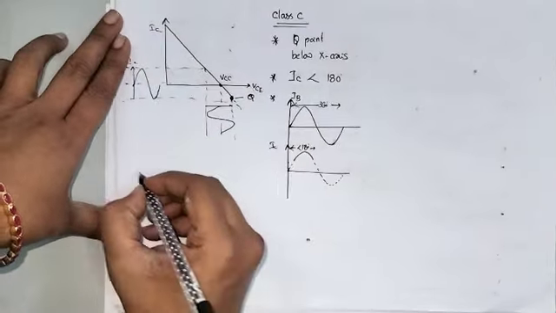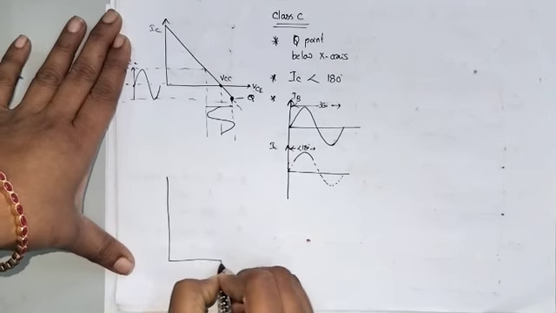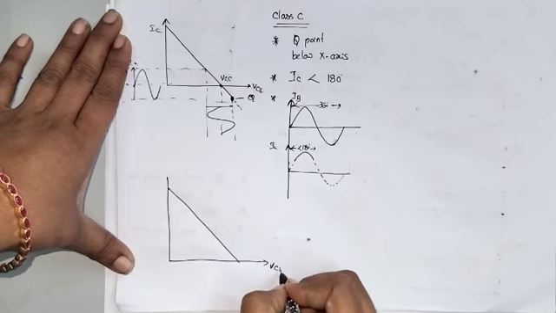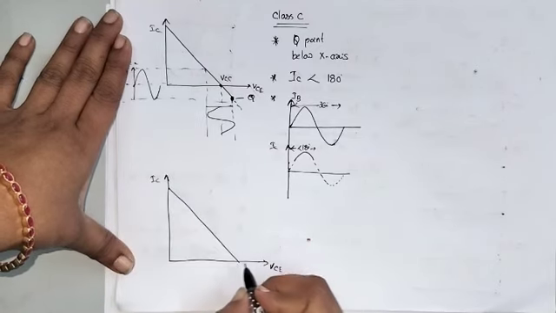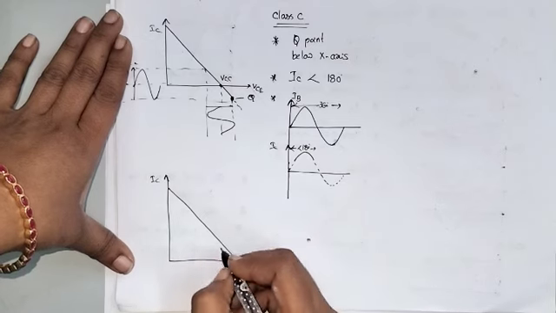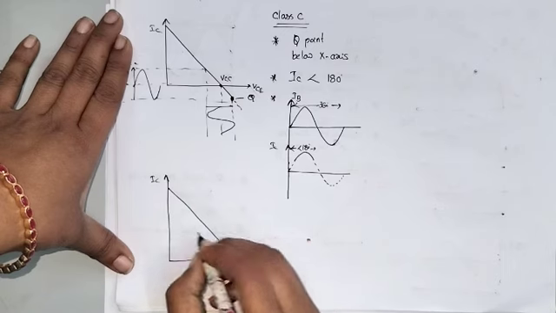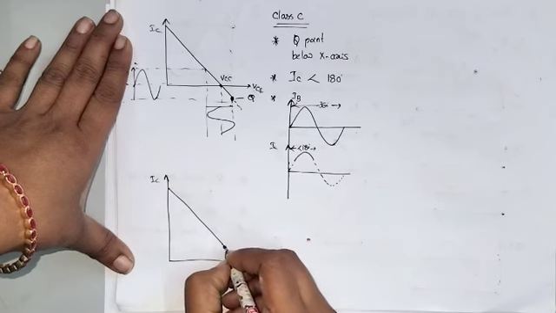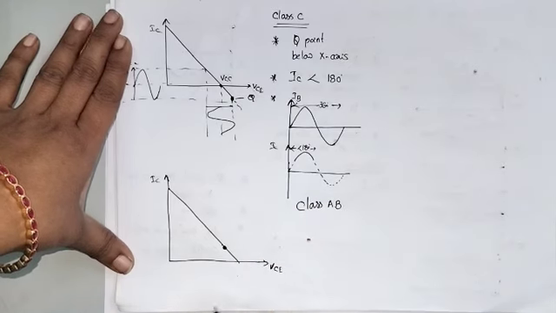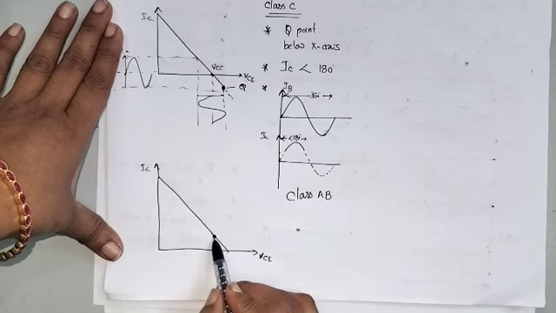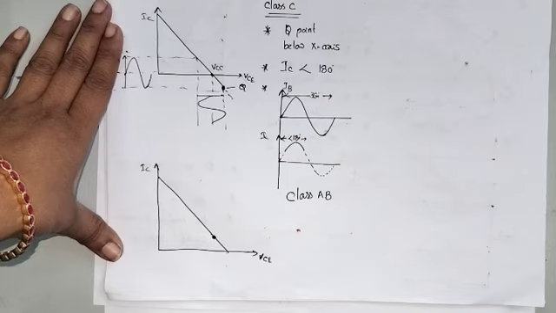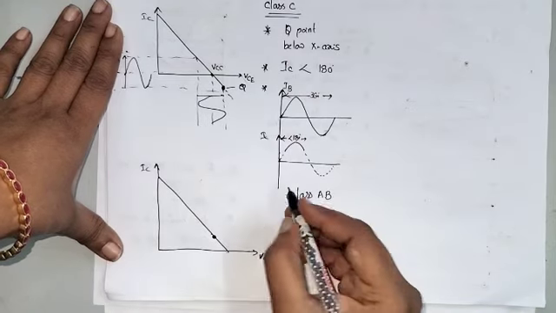Now, VCE versus IC. If the Q point is shifted above the x-axis but below the middle of the DC load line, then that is called a class AB power amplifier.